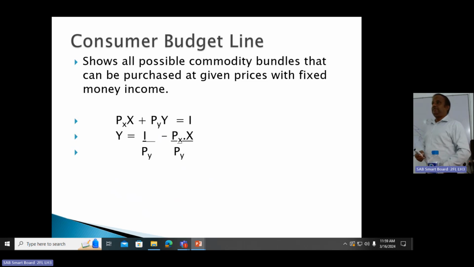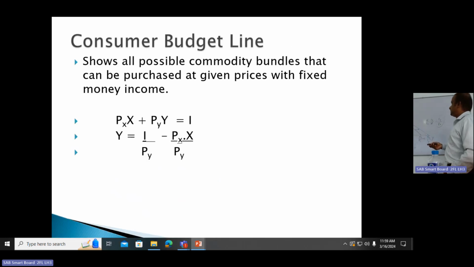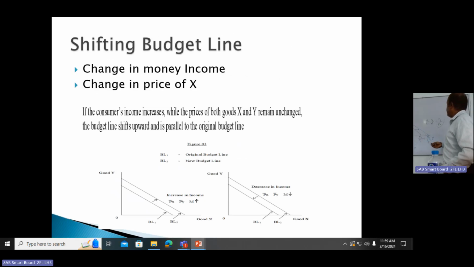So that is also shifting. Due to the decline or the increase in prices: if there is a rise in the price, the budget line rotates downwards from that axis. Here the budget line rotates upward from that axis because there is a decline in the price. So that is the rotation, right?